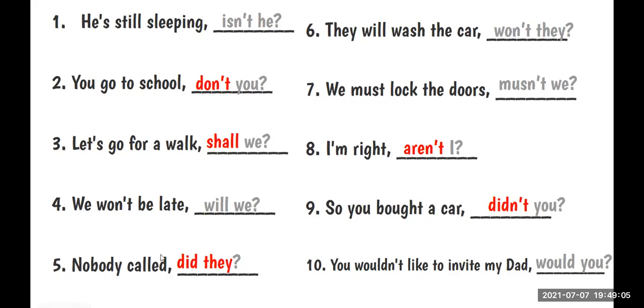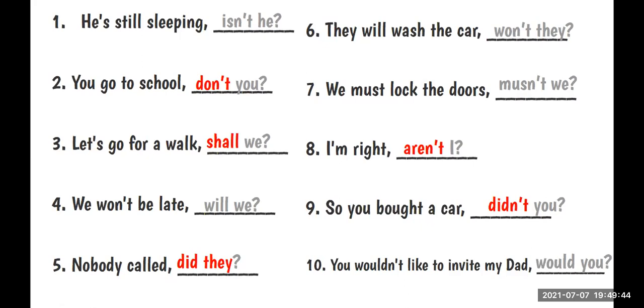Pero también tienen que fijarse que aquí en esta oración no tenemos un auxiliar, pero nuestro verbo está en pasado simple, y el sentido de la oración es negativo, por eso nuestro auxiliar es afirmativo. Cuando tenemos el verbo to be am y tenemos que transformarlo al negativo, no podemos hacerlo, entonces utilizamos aren't. Y este es el mismo ejemplo que tenemos en el número 2, ¿cierto? Estas son algunas de las excepciones que podríamos ver en las tag questions.